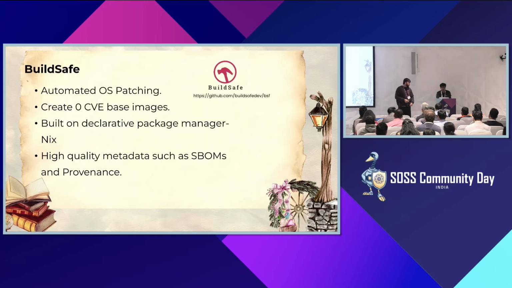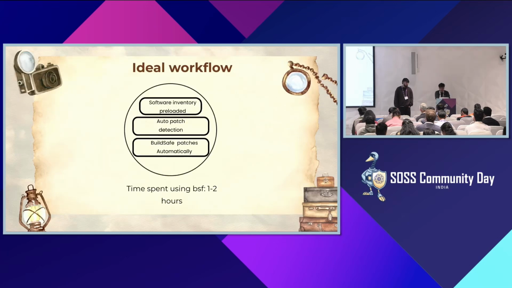So that's where BuildSafe comes in. Our aim is to automate OS package patching and help you create zero-CVE base images. It's built on declarative package managers such as Nix, and we try to provide high-quality metadata such as SBOMs and provenance. The ideal workflow we would want is for the software inventory to be preloaded.